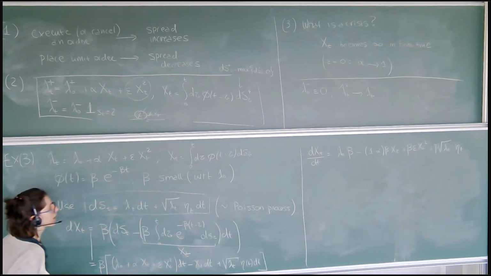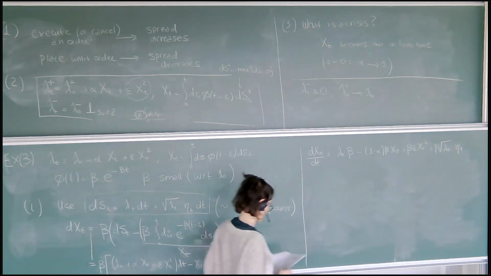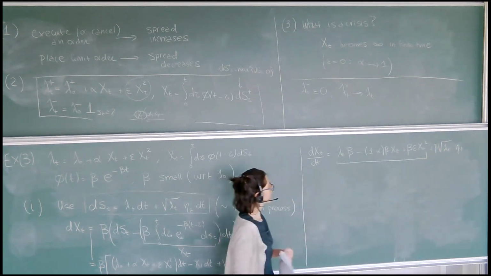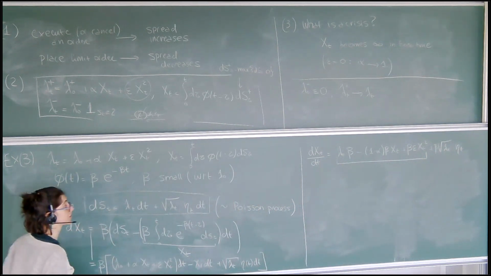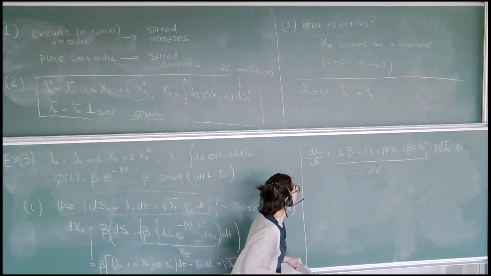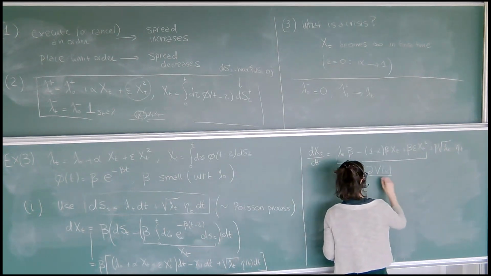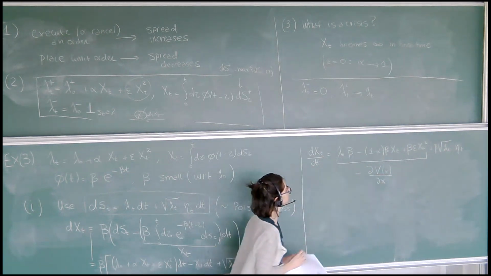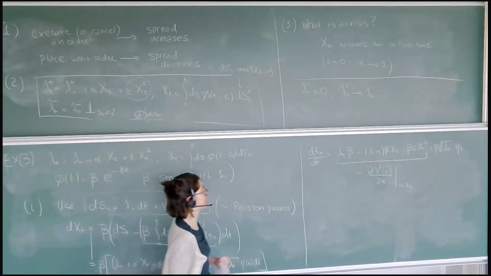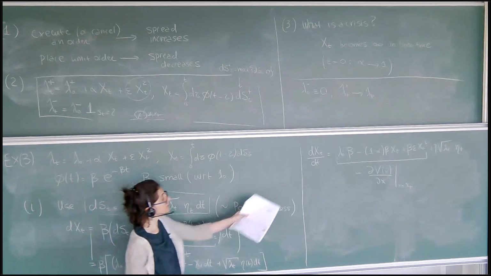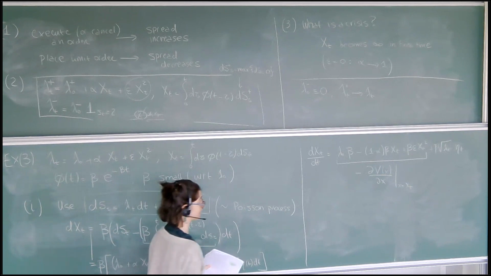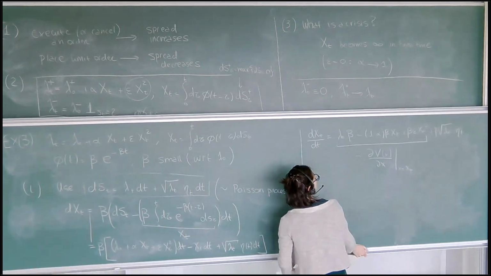Okay? And now what I want to do, as before, is to write this quantity in here as minus the derivative of some potential that I call V, which depends on x, derivative with respect to x, evaluated at x equal to my dynamical variable x of t. So this will be the gradient descent term, and then we will have a noise term, as was done in the case of the magnetization in the lecture. So what is the potential?